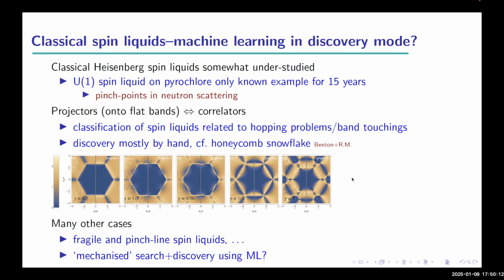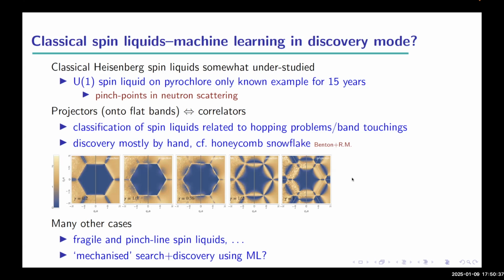So here I'm just showing you a case of a spin liquid which has pinch points, like a conventional spin liquid. Then you can increase the number of pinch points by nucleating a new pair. Then you can get higher order pinch points, sort of fractonic type of spin models. And then you can have a proliferation of pinch points and so on and so forth. So all of these were essentially discovered by hand, knowing what we were looking for. But there are many other types of spin liquids now that we know.